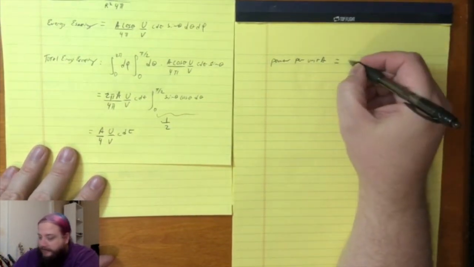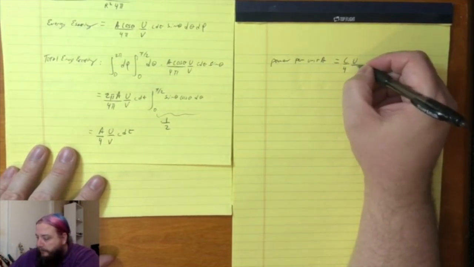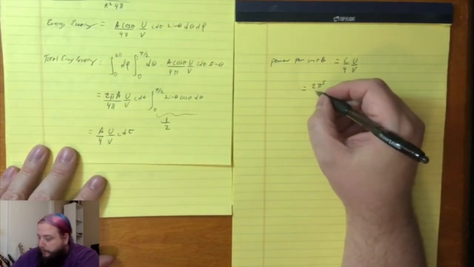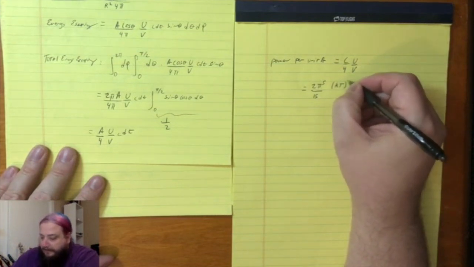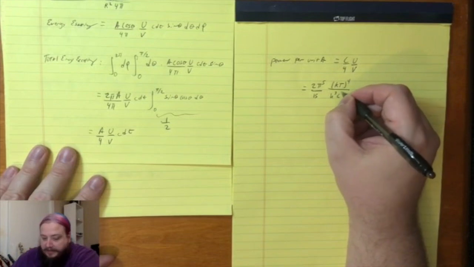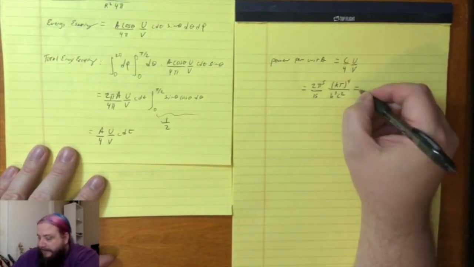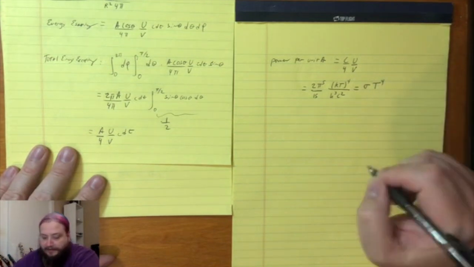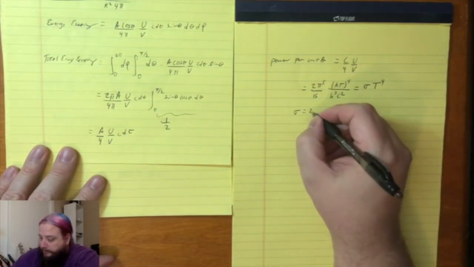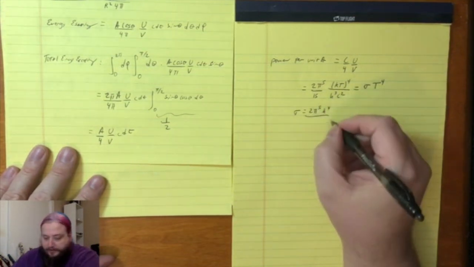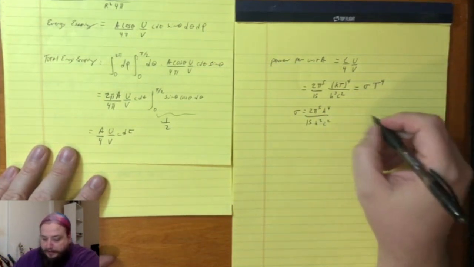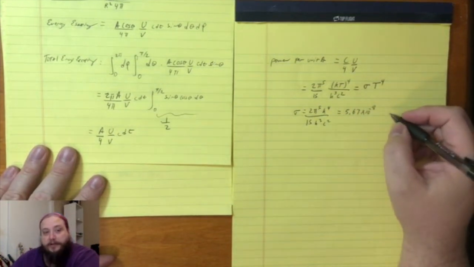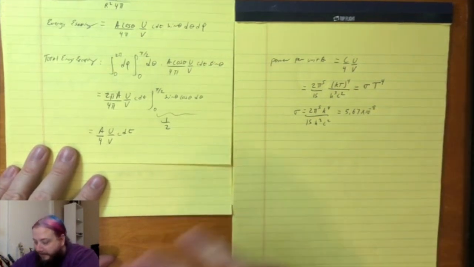So the power per unit area then is just c over 4 U over V, which is 2 pi to the 5th over 15 times kT to the 4th over h cubed c squared, because the c canceled with one of the c's, and that is what we call the Stefan-Boltzmann constant, sigma, times T to the 4th, where sigma equals 2 pi to the 5th k to the 4th over 15 h cubed c squared, which is 5.67 times 10 to the minus 8, one of the most awesome physical constants you're ever going to find in physics.